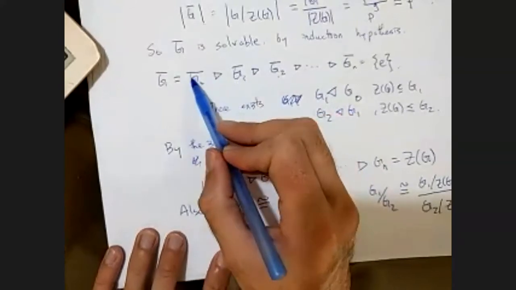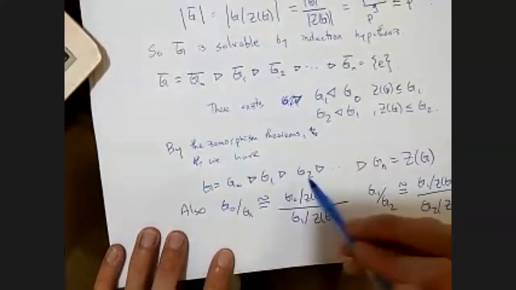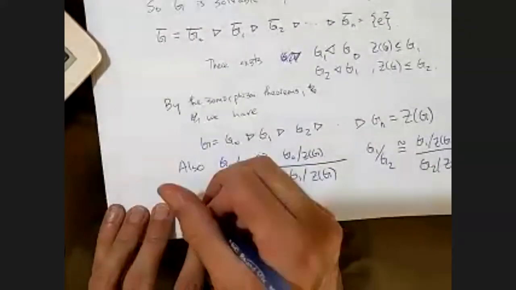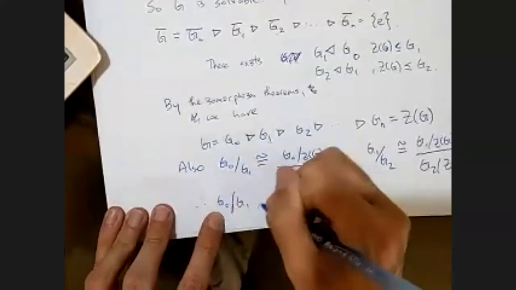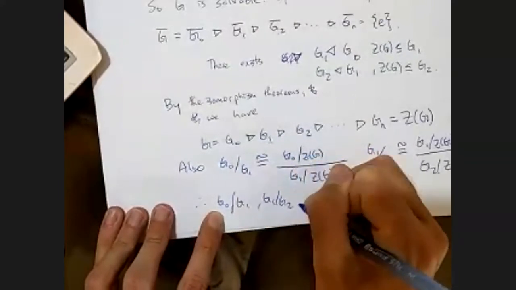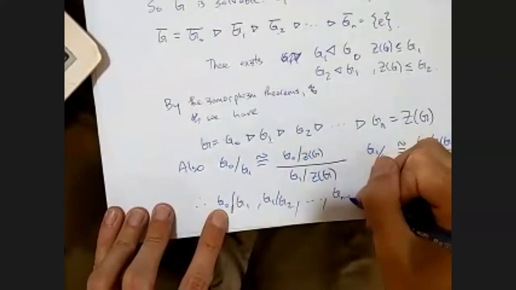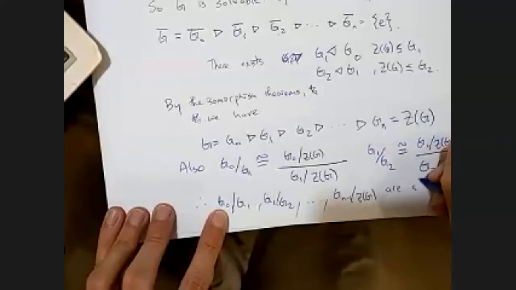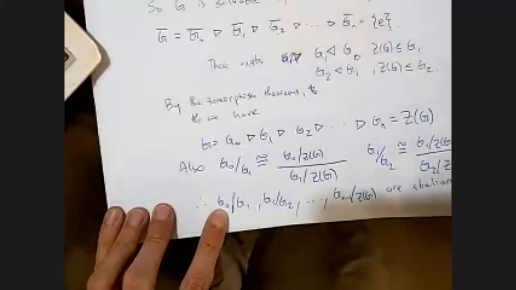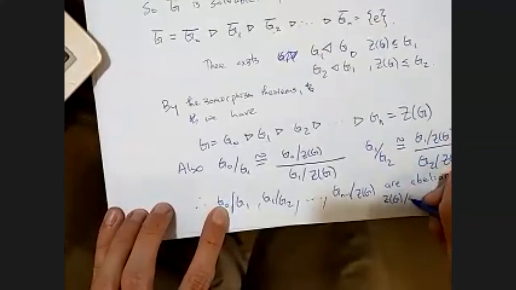And our assumption is that these quotients are all abelian. So therefore, G0 mod G1, G1 mod G2, all the way down to Gn minus 1 mod the center of G are abelian, but the center of G is abelian too. So the center of G mod the trivial subgroup is abelian.